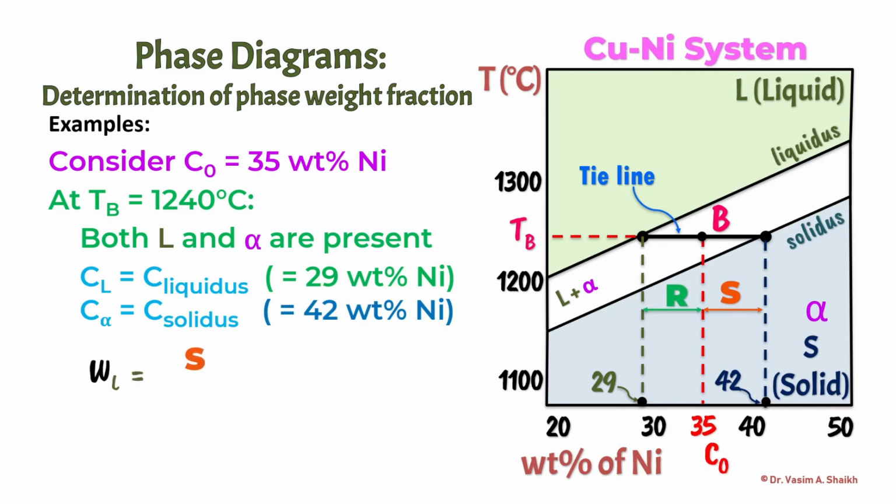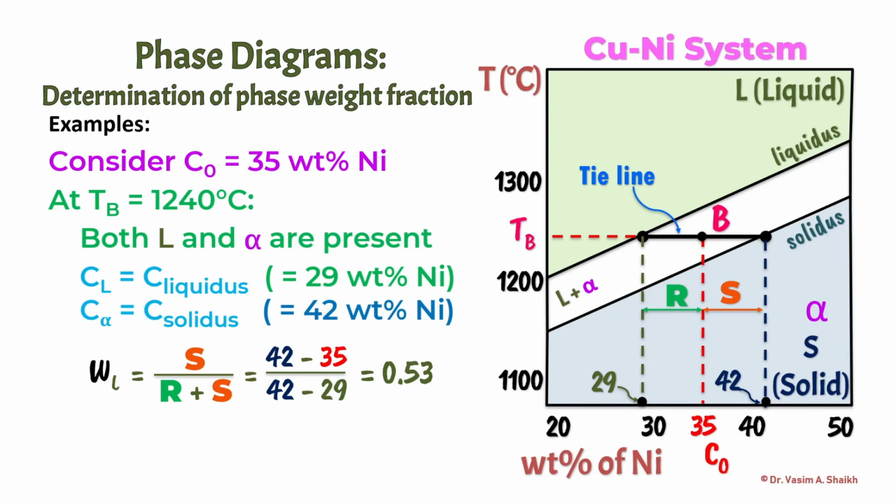We have S over R plus S, where S is 42 minus 35, and R plus S is 42 minus 29. So we are getting something like 0.53. That means the weight fraction of liquid is 53% at this particular point B.